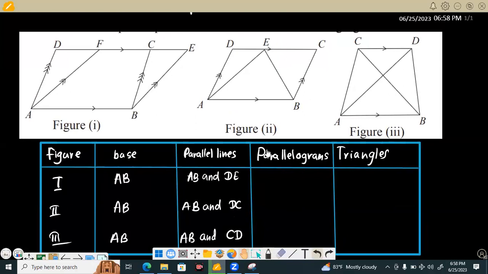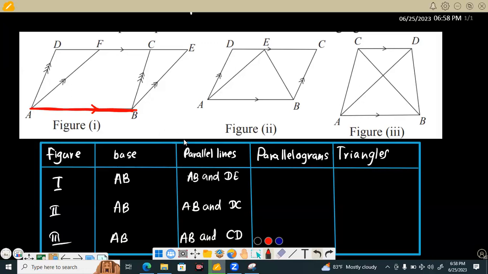මේකේ figure 1. හොඳට බලන්න figure 1 එක. එතකොට මම figure 1 වල AB base එක consider කරනවා. AB base එක විදිහට තියාගෙන ඉන්න parallelograms කීයක් තියෙනවද? Name one parallelogram where AB is base.